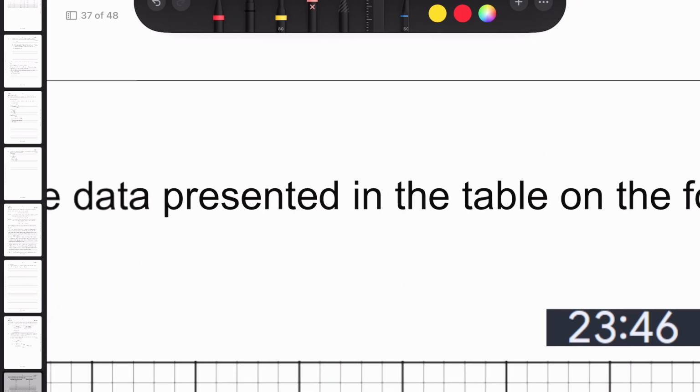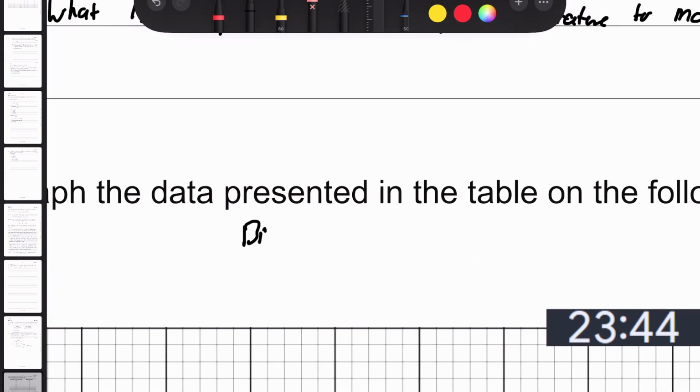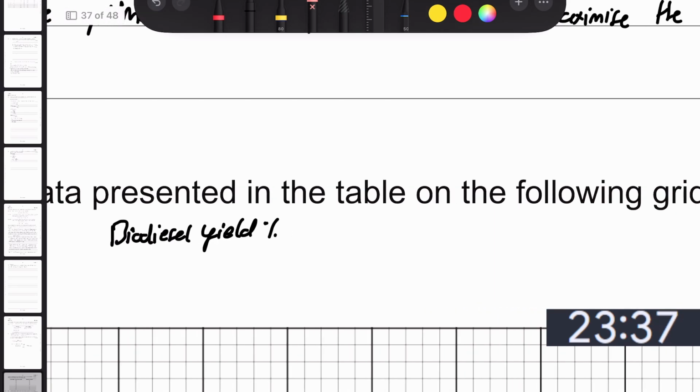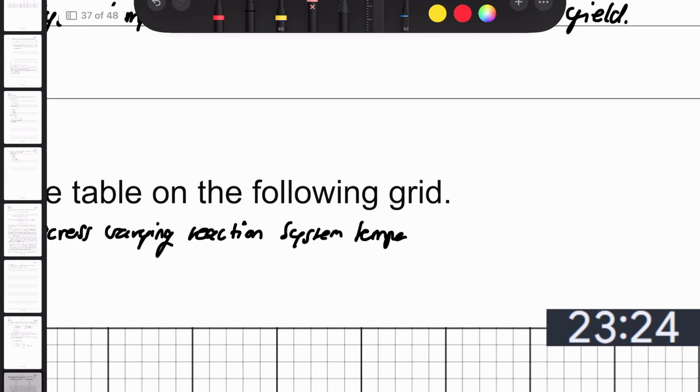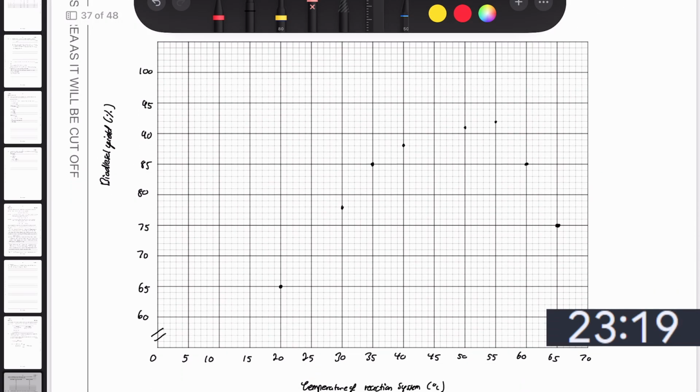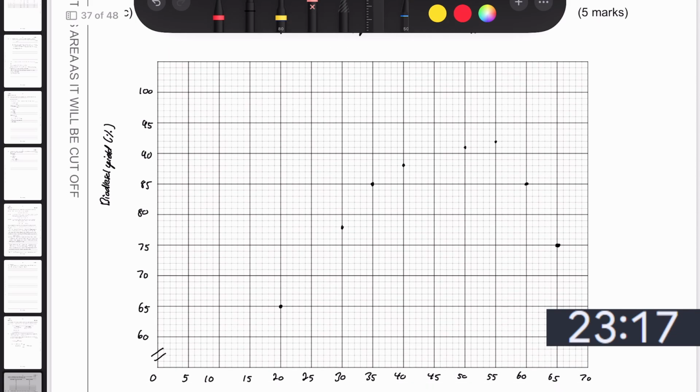So then this can be called biodiesel yield percent across varying reaction system temperatures. And then I'm going to have to draw a line of best fit, and this one has to be a curved one.